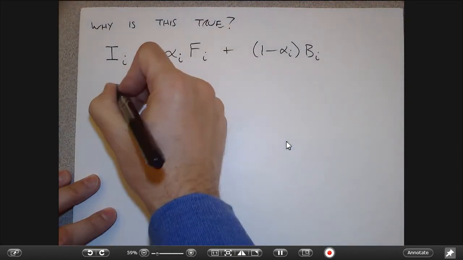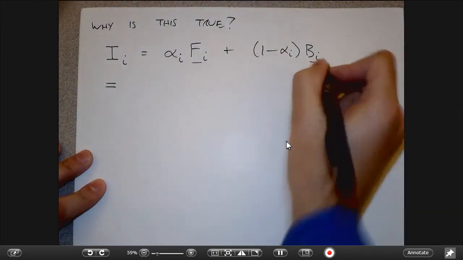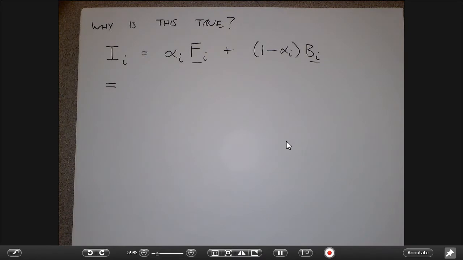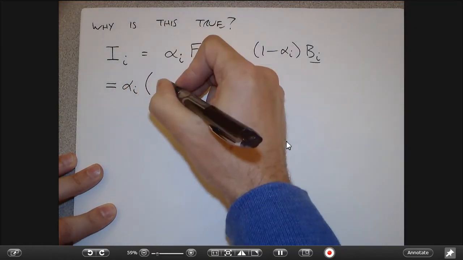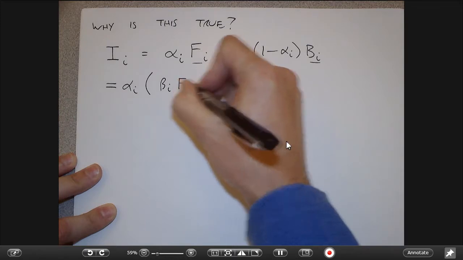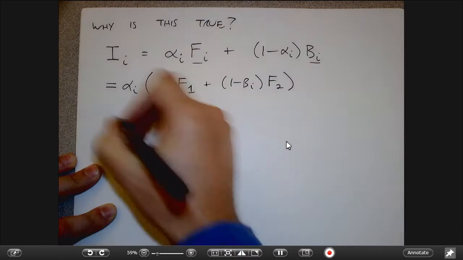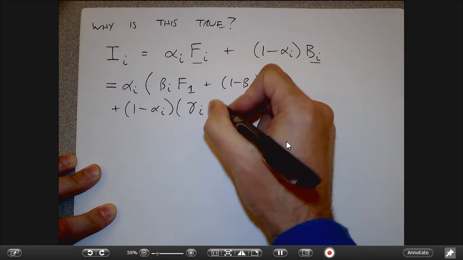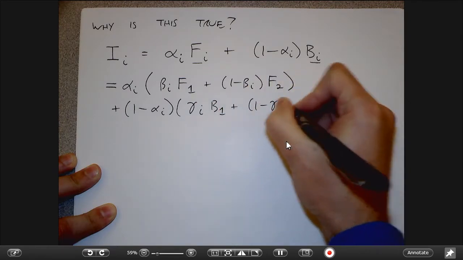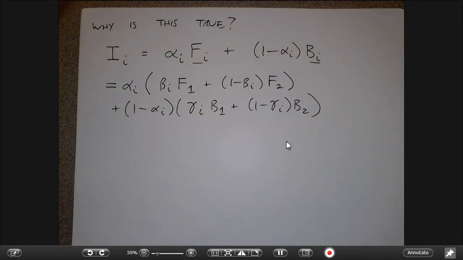And now I'm going to plug in what I know about the foreground and the background. These things are, by the color line assumption, linear combinations of these points on the line. So Fi is actually the equation that I have from before. And then the background is similarly some combination of known background points, right? This is by the color line assumption.